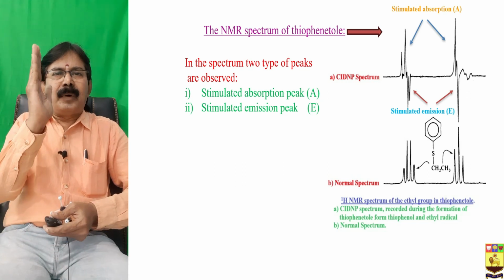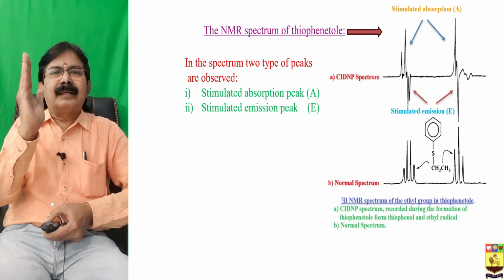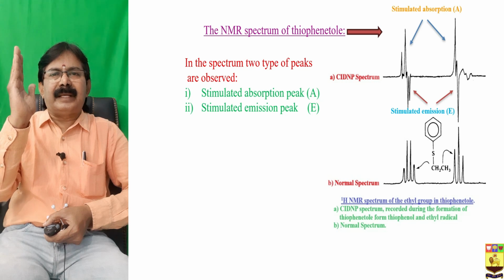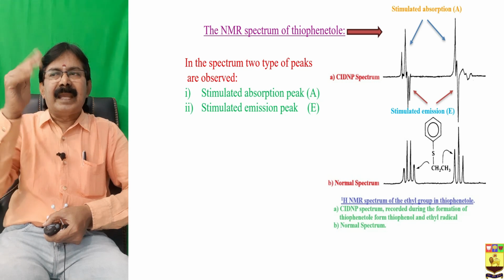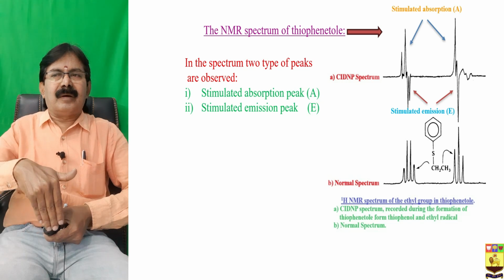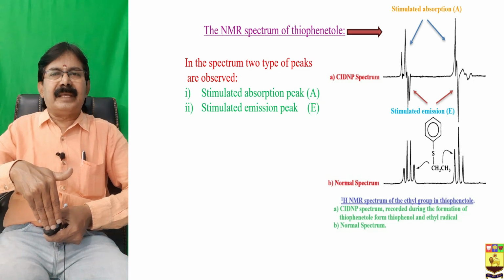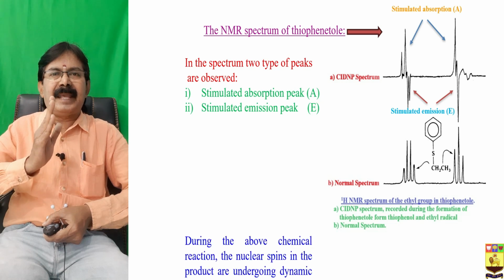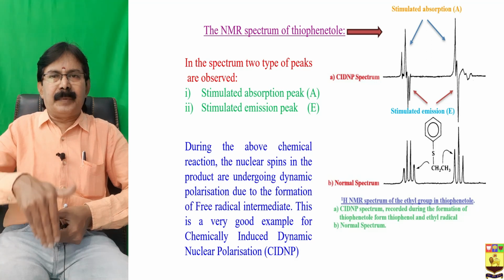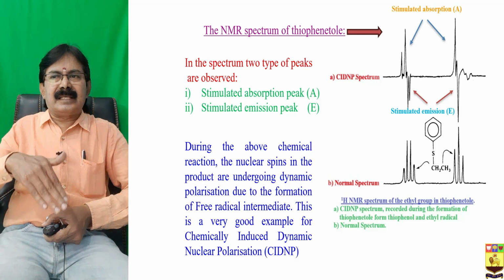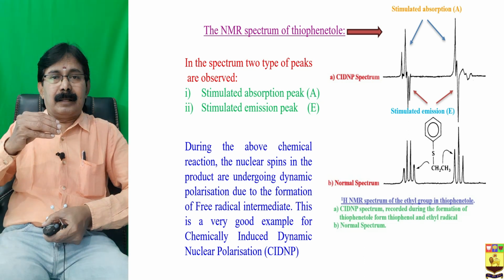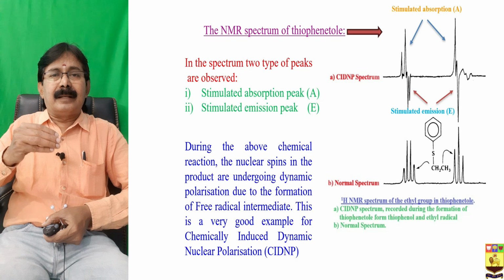One is up, called the enhanced absorption peak A, and the one below the x-axis is called the emission peak E. That is the peak obtained when we use the CIDNP technique.